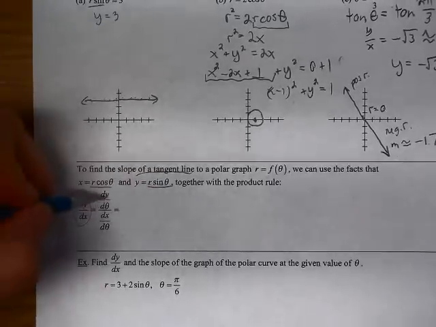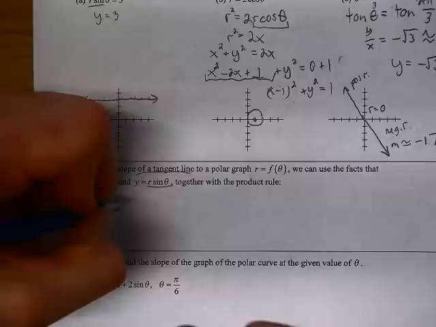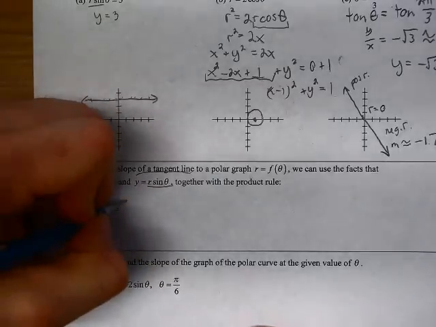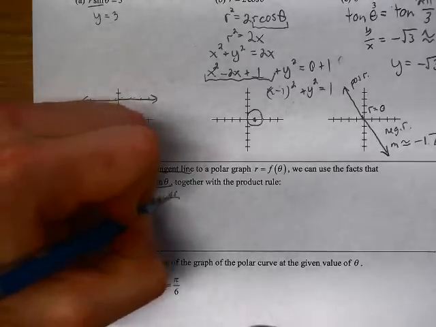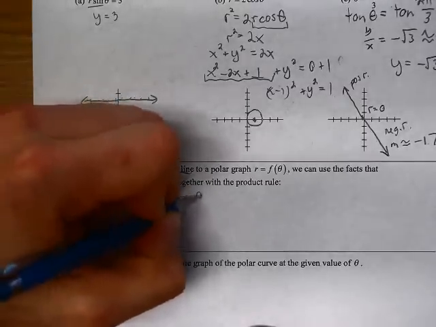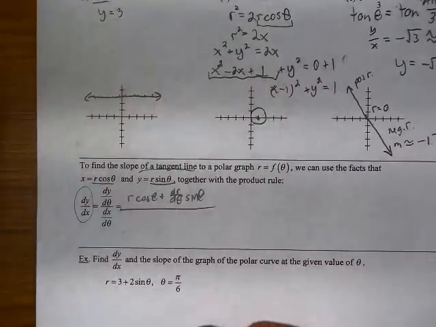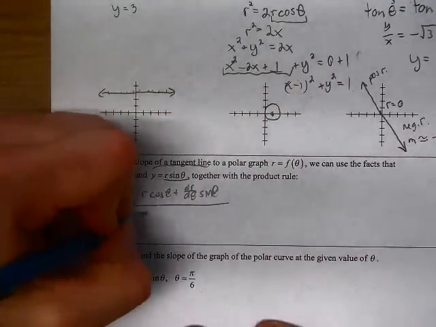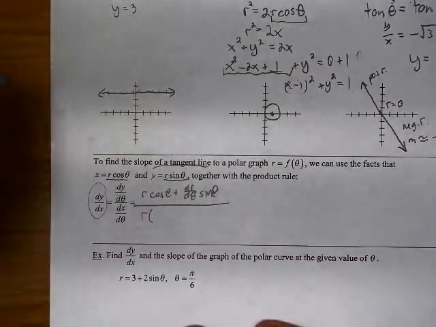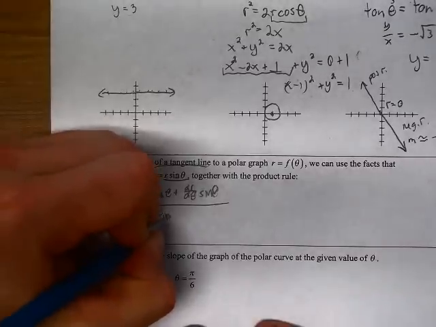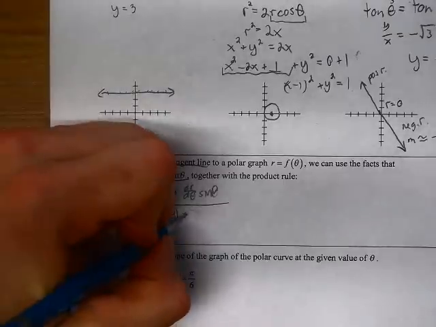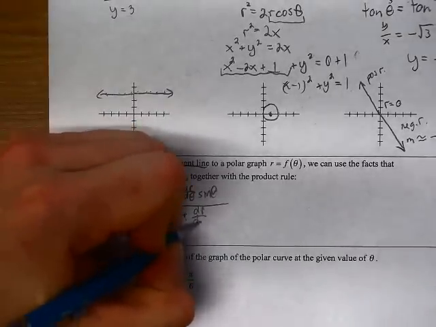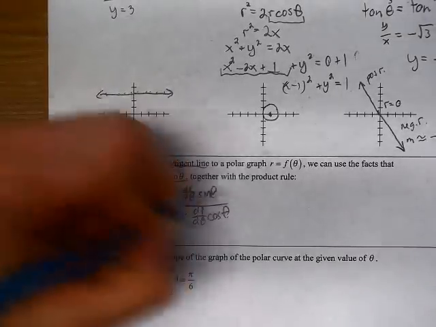So when I take the derivative of y with respect to theta, I get dr/d theta sine theta plus r cosine theta, over the derivative of x: dr/d theta cosine theta plus r times the derivative of cosine, which is negative sine theta.